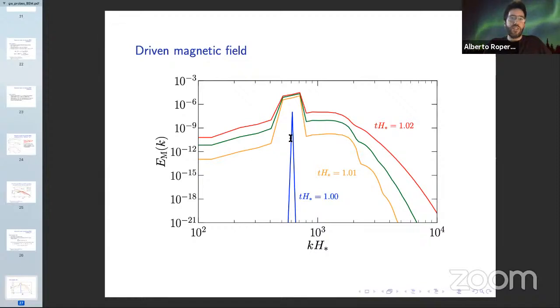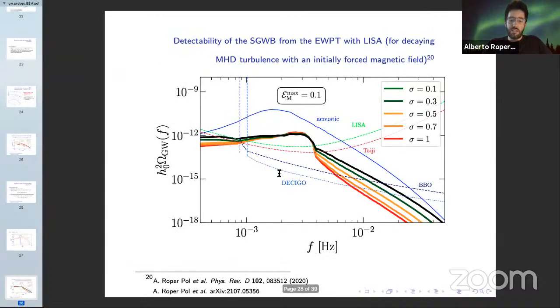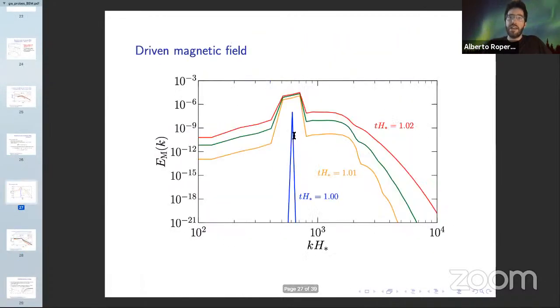So this is, for example, how this initial magnetic field peaks at very initial times around this scale. We start with a non-turbulent field, and then we can see that after forcing, it ends up developing a turbulent spectrum, similar to what we were observing, with some differences.